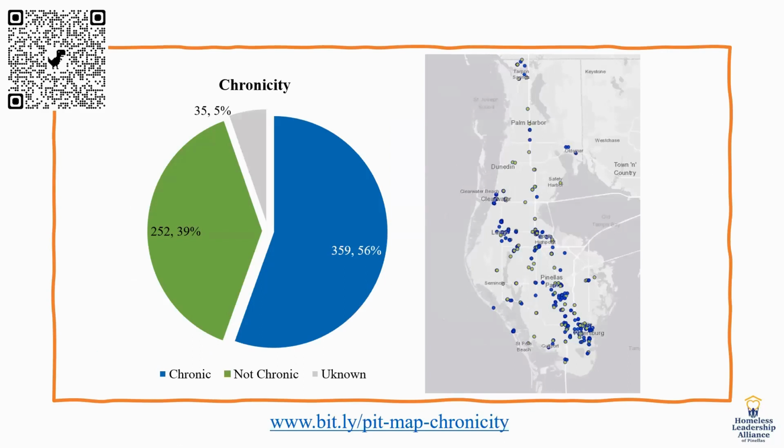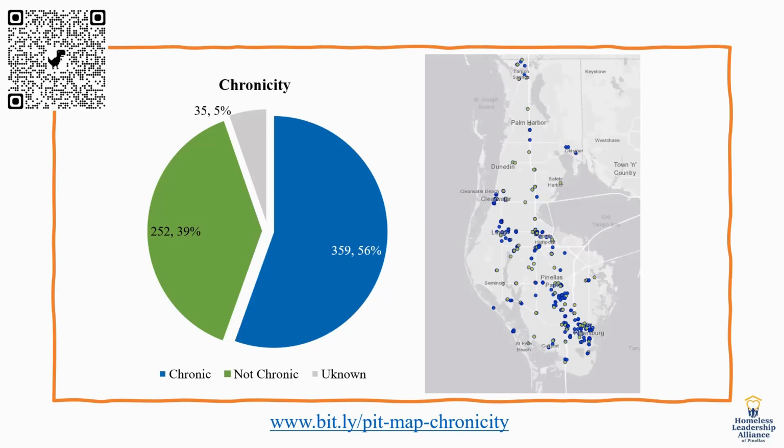Chronicity. So this is a map of the people who were identified as chronically homeless. The definition is somewhat complex, but essentially it means that if you have a disability and have been homeless for 4 episodes of homelessness in the past 3 years, or a total of 12 months, then you are identified as chronically homeless.